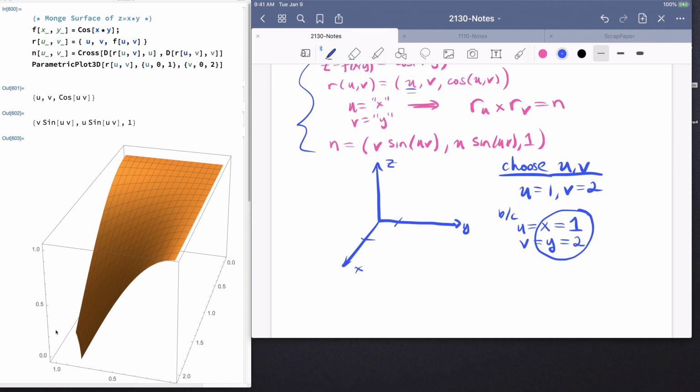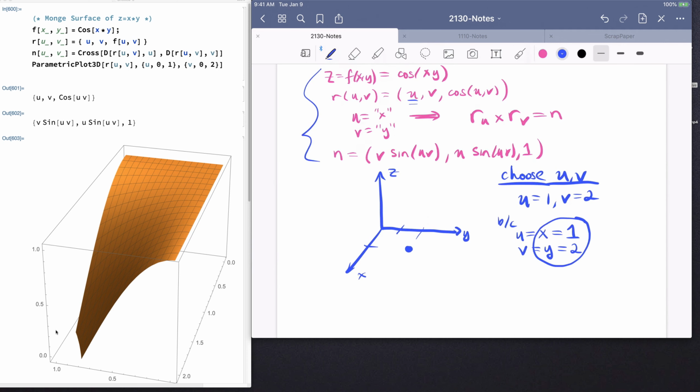X is 1 and y is 2. If you would like to figure out what your z value is, you would choose z and look at the z entry of the vector valued function. That would be cosine of uv, cosine of u times v, and z then would be equal to cosine of 2, since u is equal to 1 and v is equal to 2.